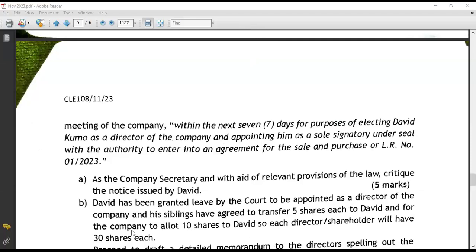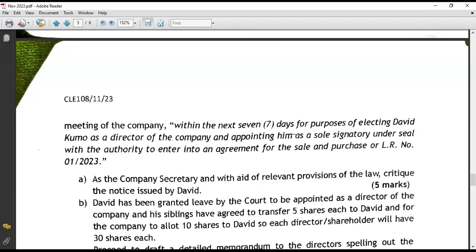So the fourth point is that unless the other shareholders agree, the meeting is invalid.